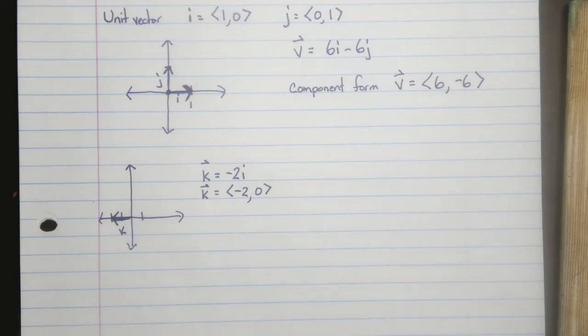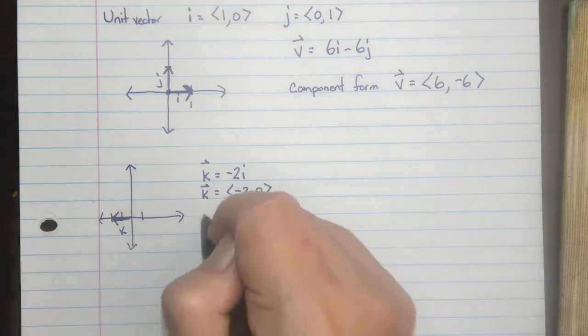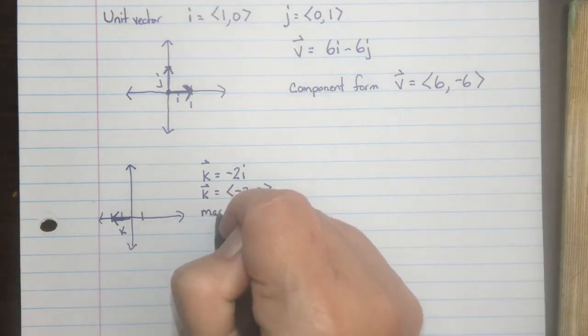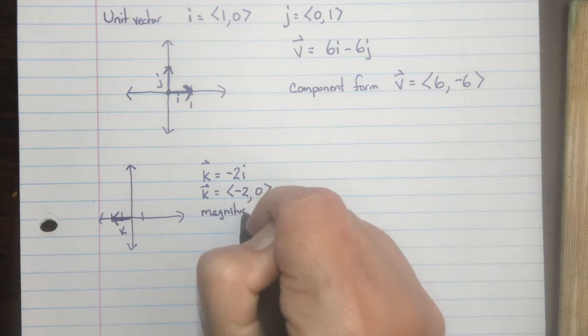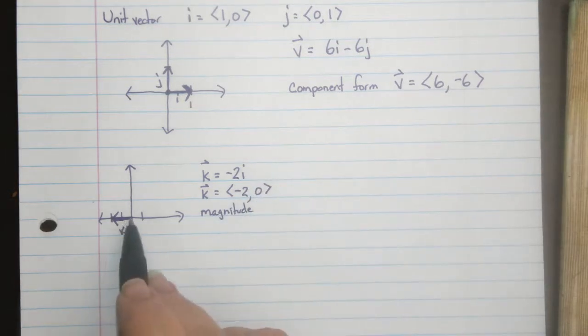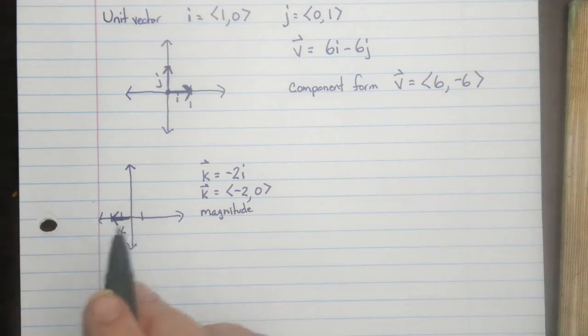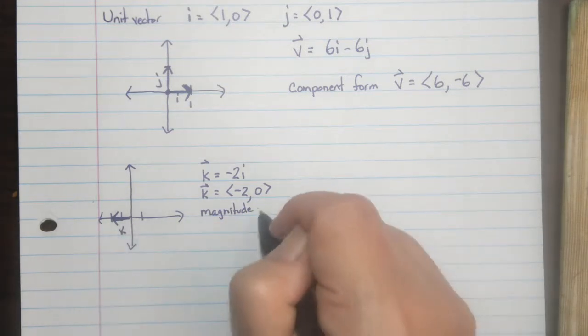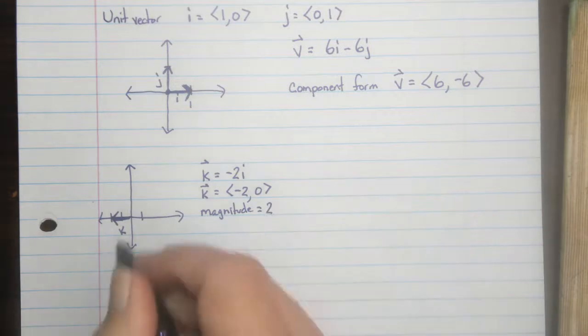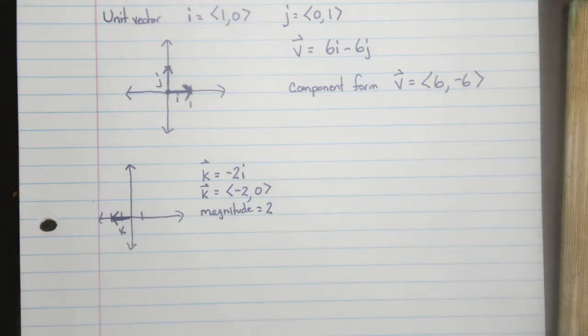Now, the magnitude of a vector is the length of a vector. So my magnitude of this vector is just how long is it? Length isn't determined by positives or negatives. So that vector, the magnitude, is 2. It's 2 units long.